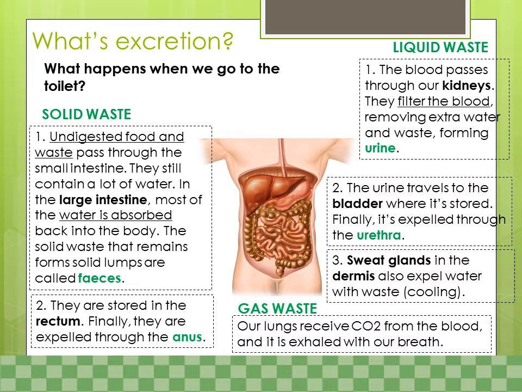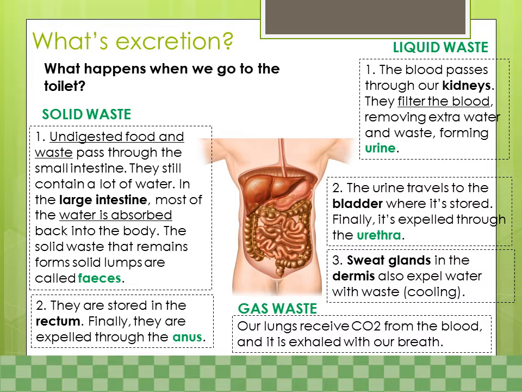orderly. First, the solid waste is made up of undigested food, la comida sin digerir, la comida a la que se le han quitado los nutrientes y el agua, undigested food, without nutrients and without water. It passes through the small intestine, and these feces still contain a lot of water, and in the large intestine, most of this water is absorbed back into the body.